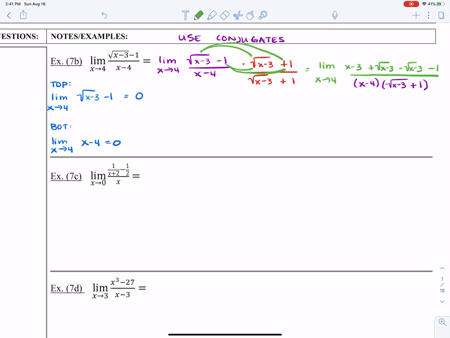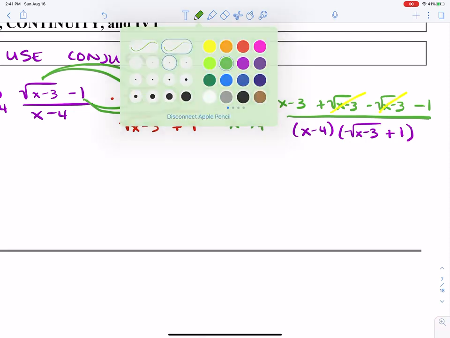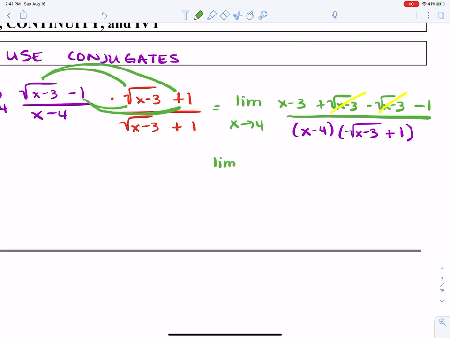Now this looks gross, but here's what's about to happen. First thing is that these terms go away. If I now simplify, limit as x approaches 4, I have x minus 3 minus 1, which happens to give me x minus 4.